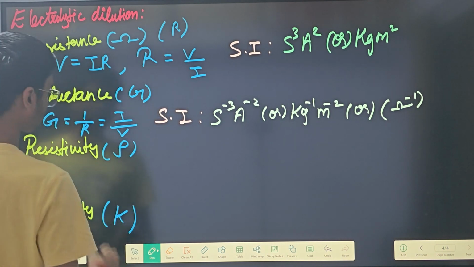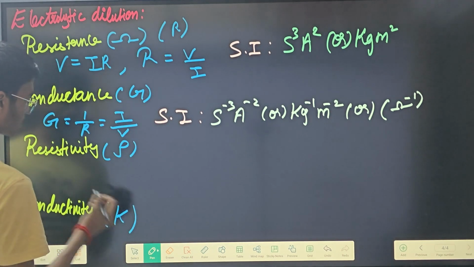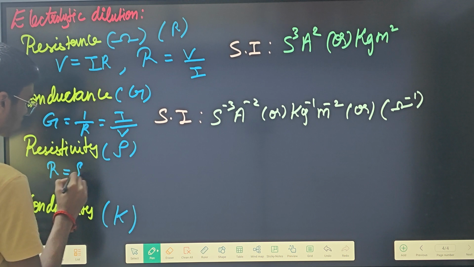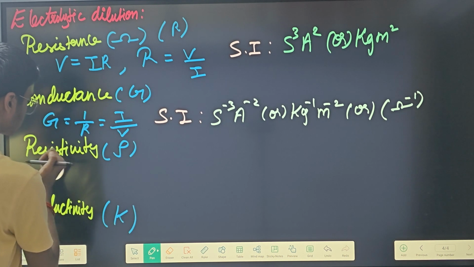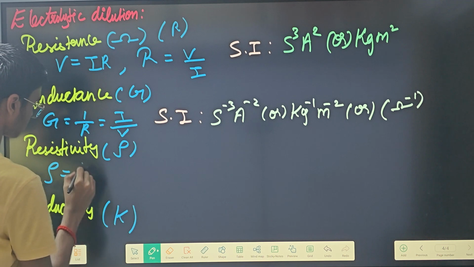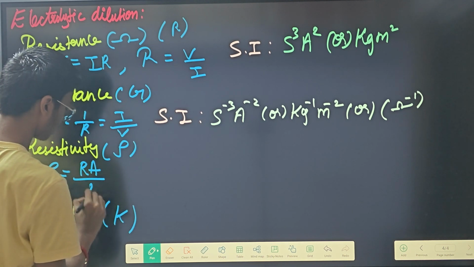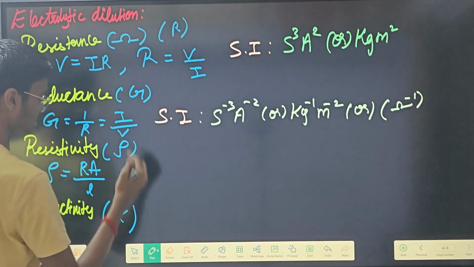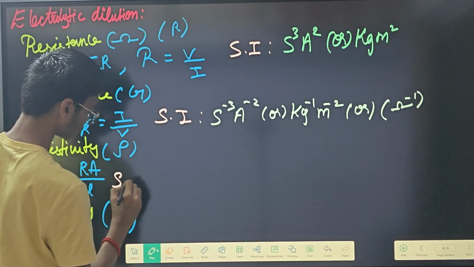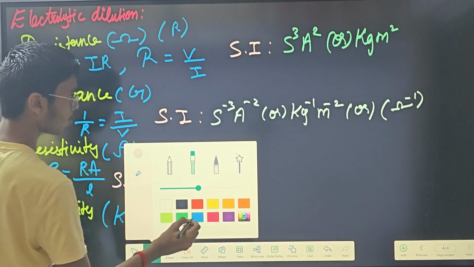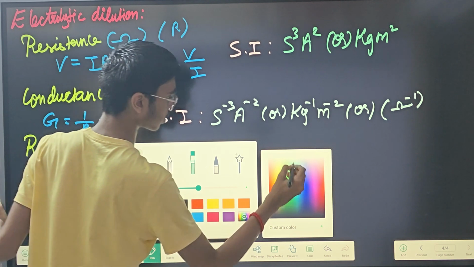Next is resistivity. Resistivity is R is equal to rho L by A. So resistivity is equal to resistance into area by length. So what is its SI unit going to be?